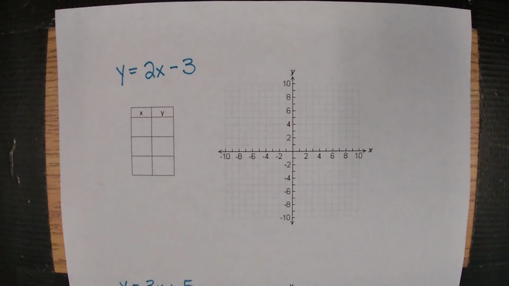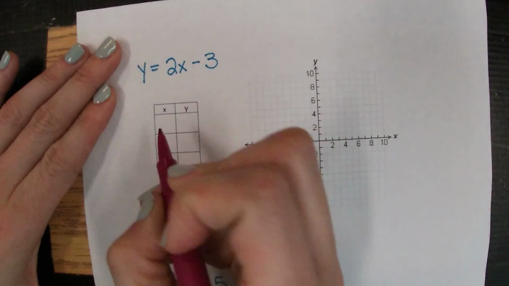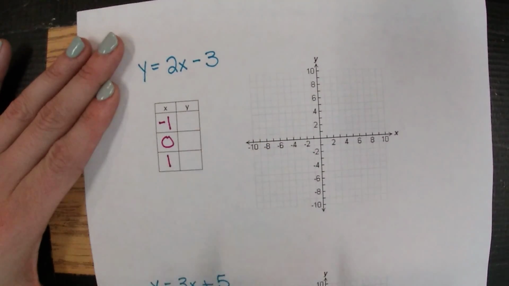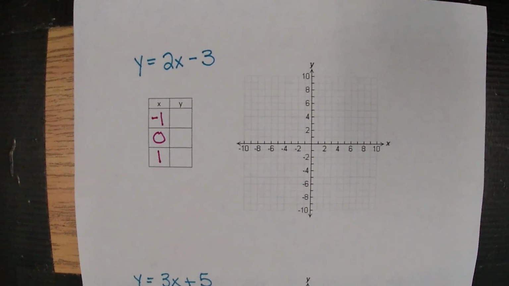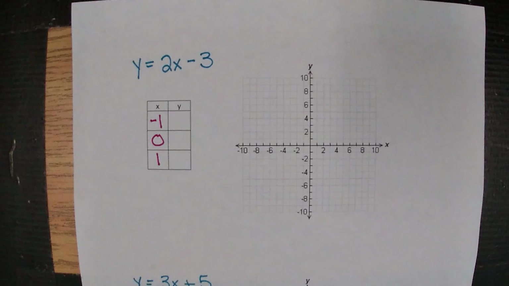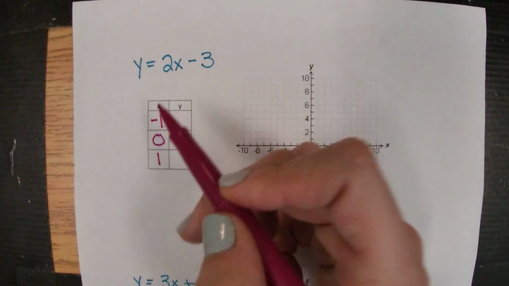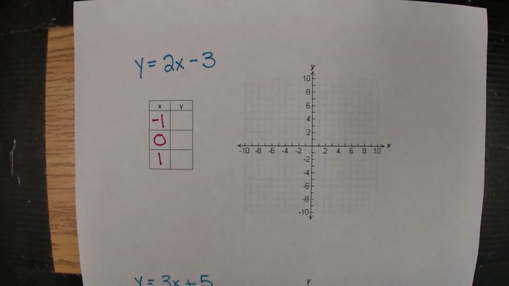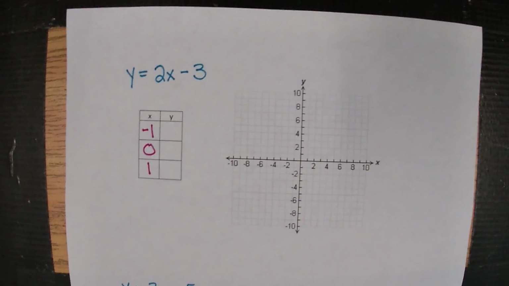The best way to do that is to start by picking input values of -1, 0, and 1. You could pick something else. You could pick input values of 1, 2, and 3. You could pick input values of 7, 20, and 42. But that requires a larger graph than what I'm giving you.